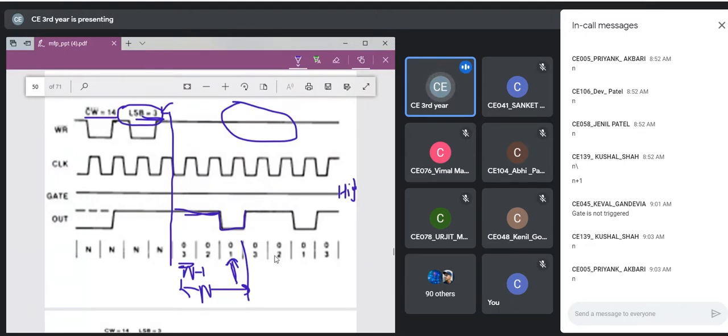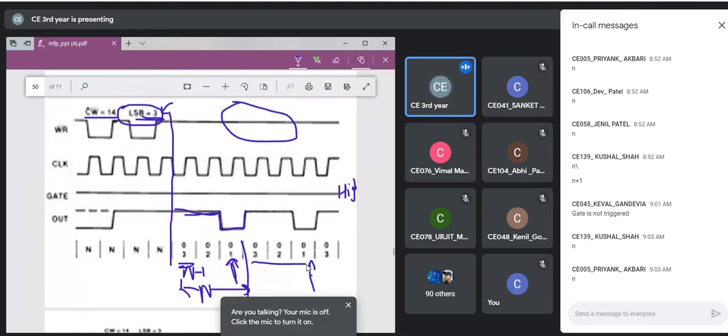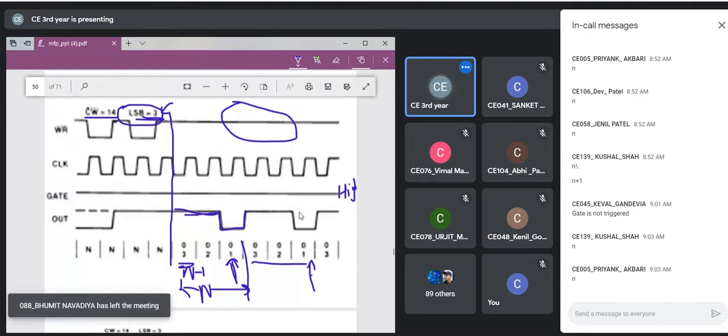So actually this is generating a signal which is low for one pulse at every third pulse, because the count written is 3. For that, every time the gate must be high, so it is enabled.